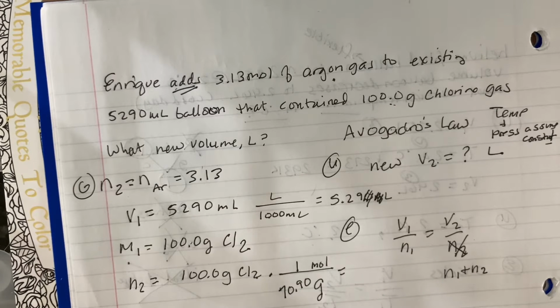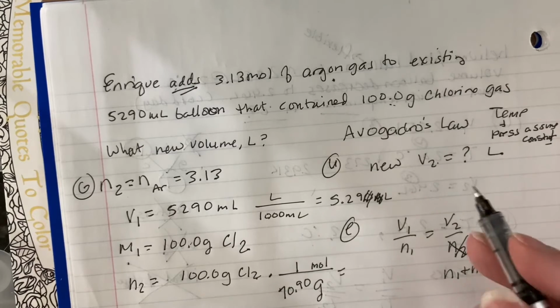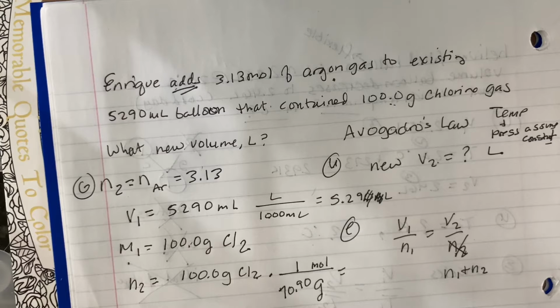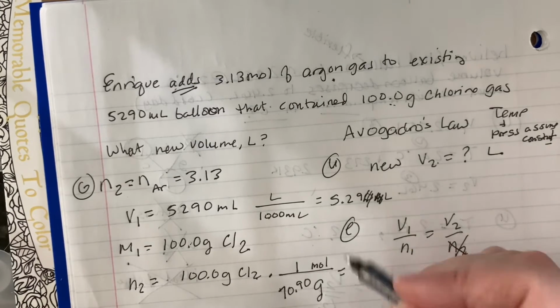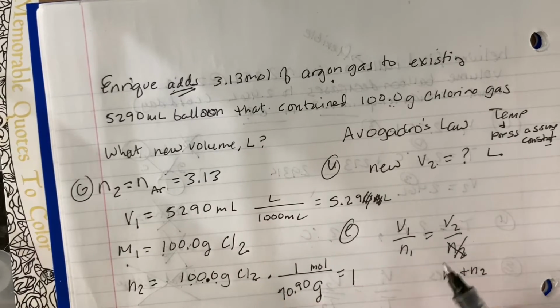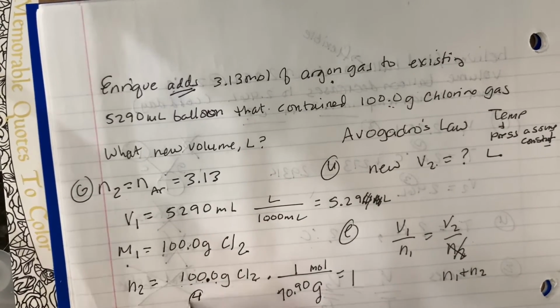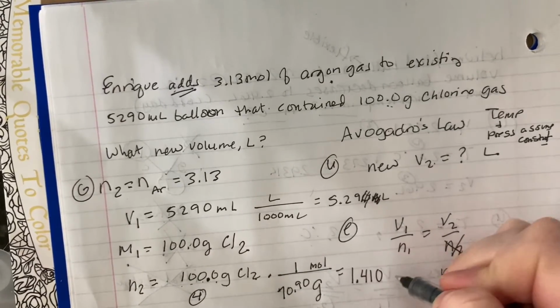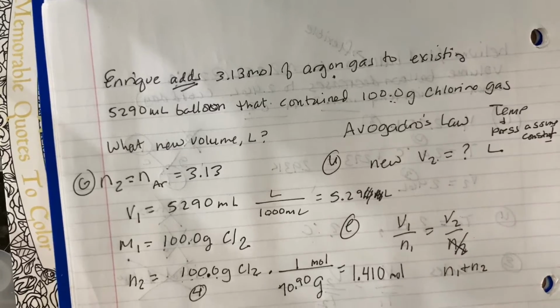So 100 divided by 70.9. How many sig figs? 1, 2, 3, 4, because if there's a decimal, the trailing zeros are important, so I need 4 sig figs. 1.410 moles.